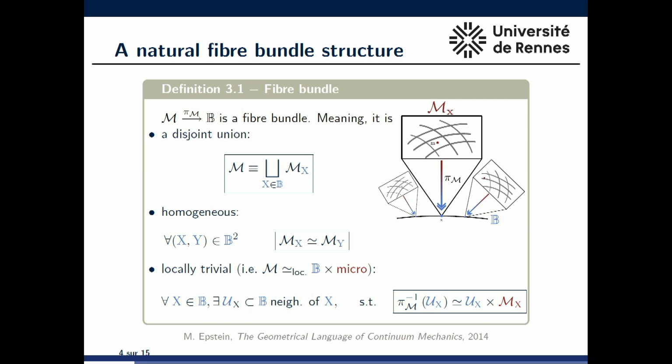So this provides half of the structure of a fiber bundle, and we make the assumption that it is a fiber bundle, which means that additionally it's homogeneous, meaning that all the microspaces are alike, isomorphic, and locally trivial, meaning that in a way microscopic fibers are touching, macroscopic points are touching. Well, locally it's a Cartesian product. That's a topological assumption.